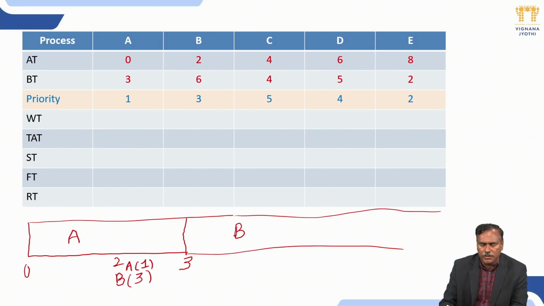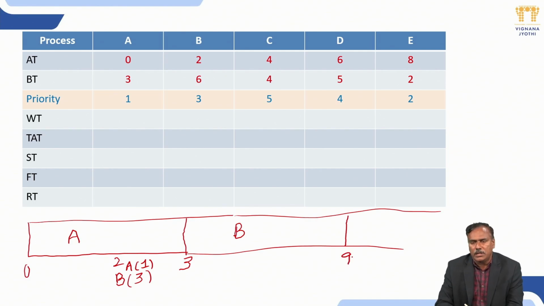The service time needed by process B is 6 units of time. So till the 9th unit of time, you are going to continue with the same process. At the 9th interval, process B gets completed.